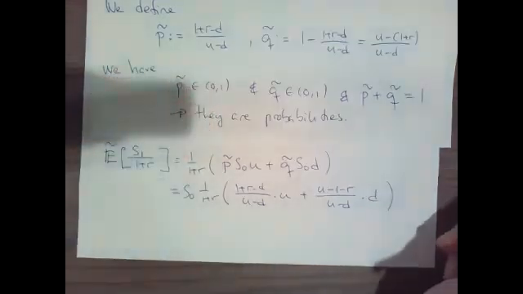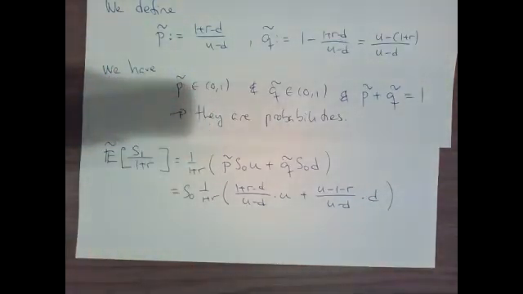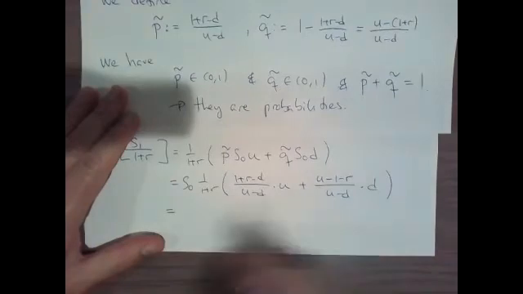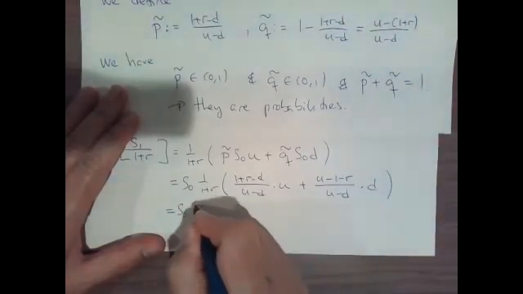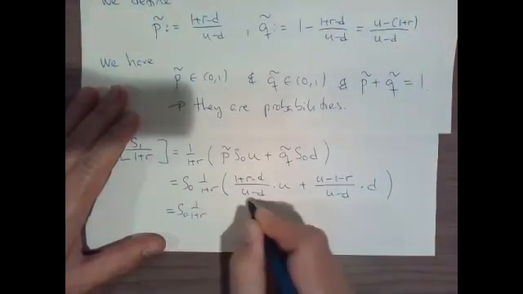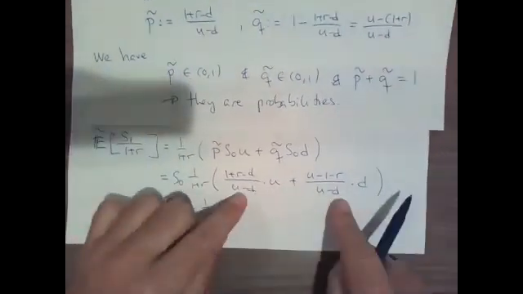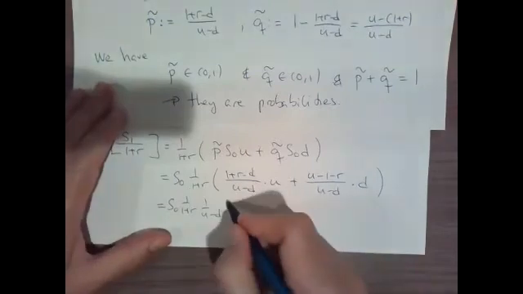And so what do we get here? So this is a long mess. It's S0 times 1 over 1 plus R, 1 over U minus D. Okay, so I'll pull that common thing outside. Then what do I have left?